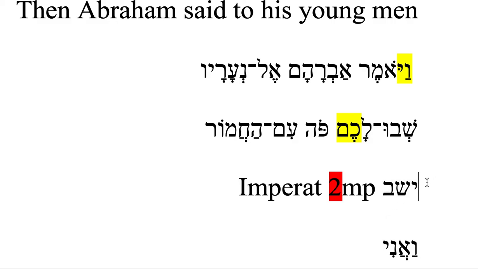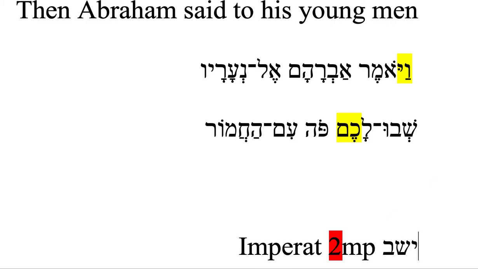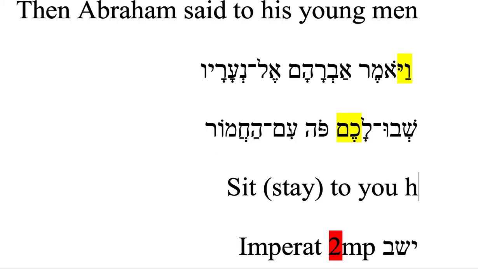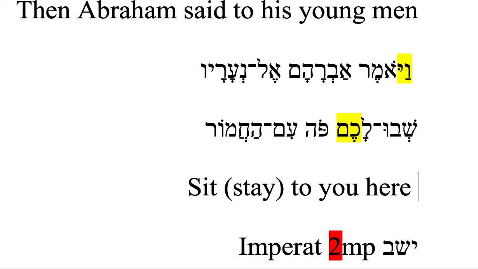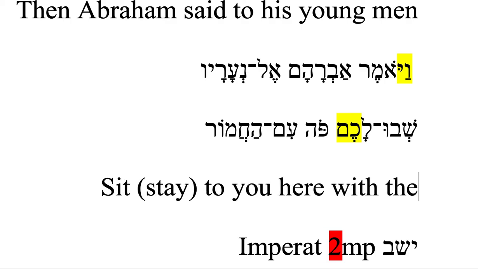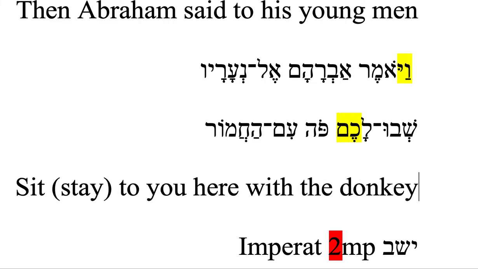Okay, so he's saying shvu, sit, or you can say stay maybe. Lachem, literally to you. Then we have po, this is not on your vocabulary here. Im means with. Ha chamor, chamor is a donkey, and we have a ha, so it's the donkey.